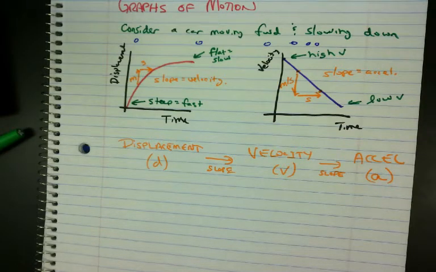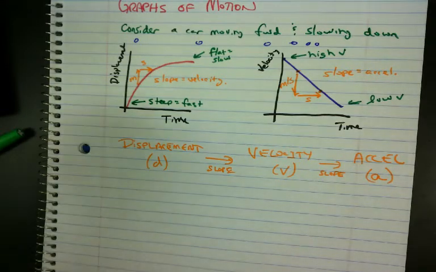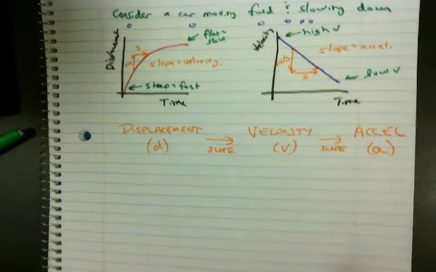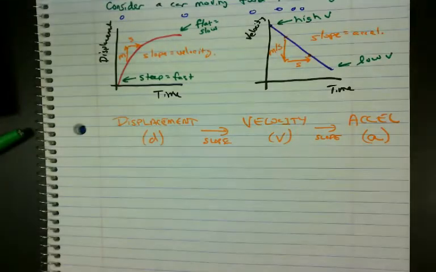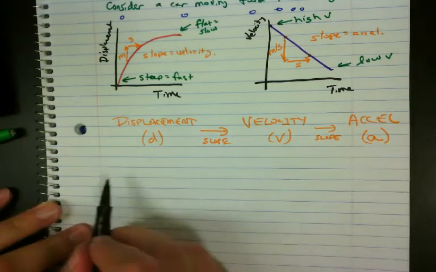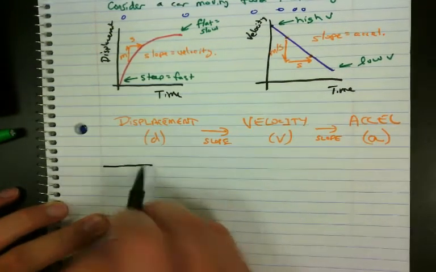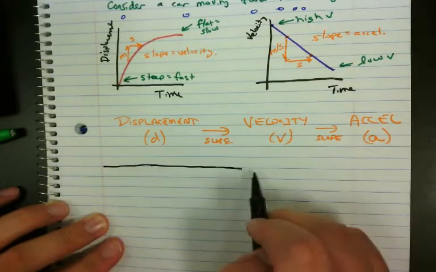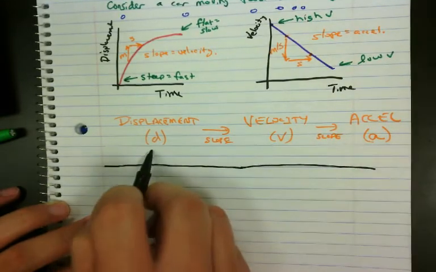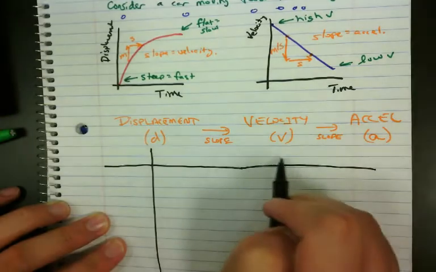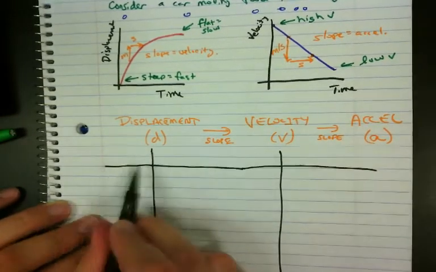All right, so now what I want to do is take a look at how, if I give you one of these graphs, you can read it, right? So what I'm going to do in the bottom of your notes here is make a little T-chart that's got 3 columns. Leave this first column blank.